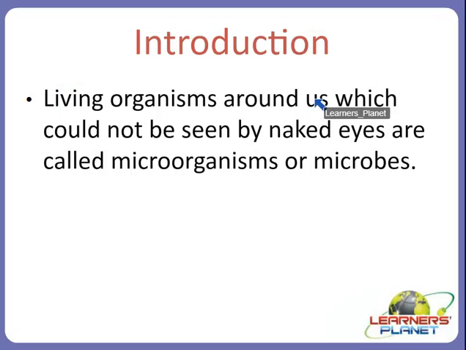So in general, we must have seen that we all are surrounded with living and non-living things. What do we mean by living and non-living things? Non-living things cannot grow, cannot show chemical reactions on their own, and cannot reproduce. What are the living things? They show such properties with their own metabolic reactions.